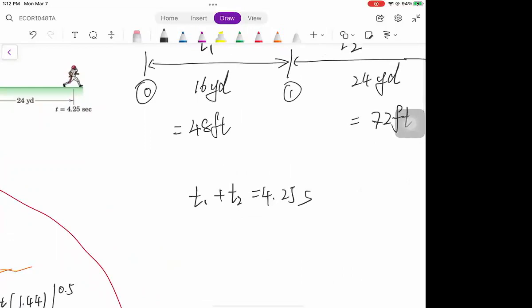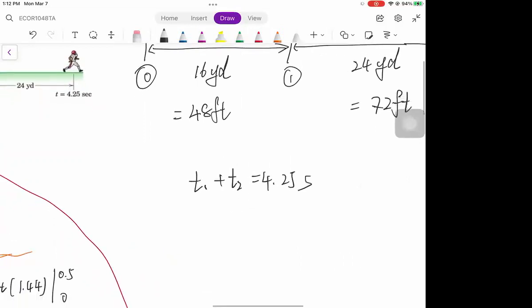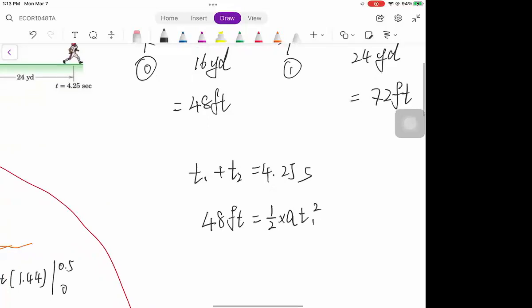So for the first part, from 0 to 1, we can say the distance s, or 48 feet, is equal to half a t square. So it's going to be half times the acceleration, that is the first unknown we have, times t1 square.